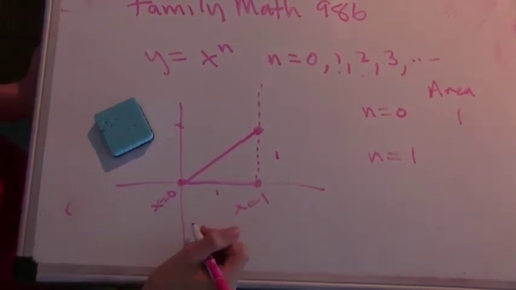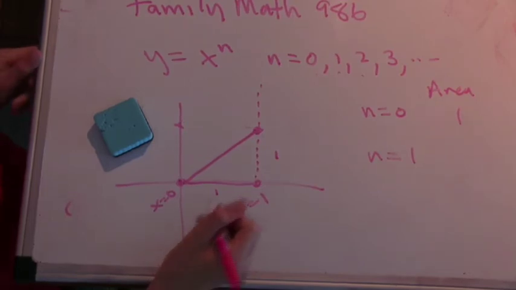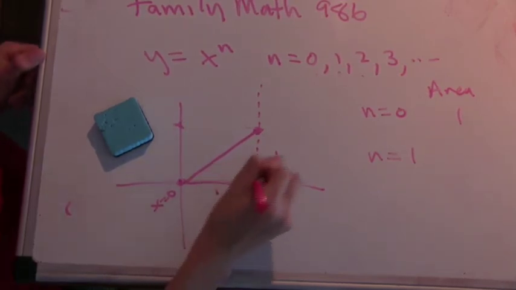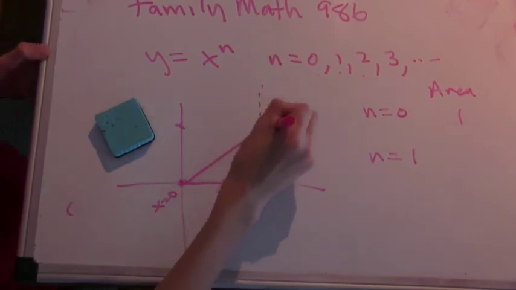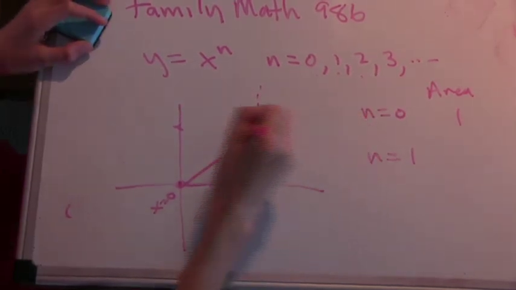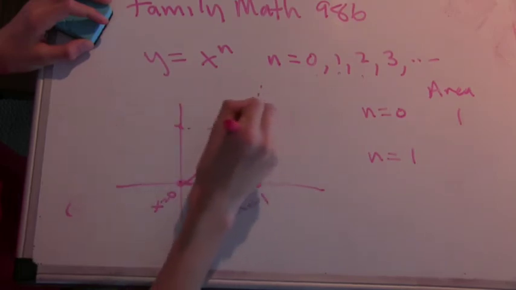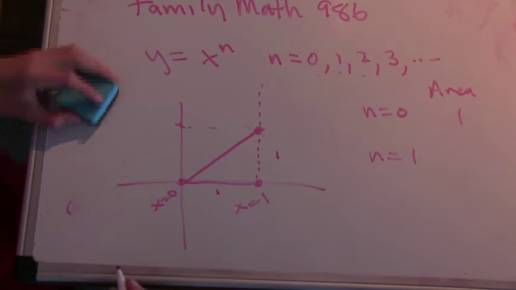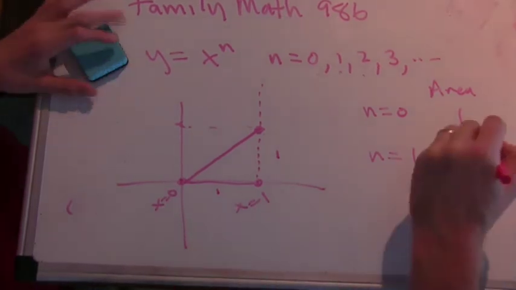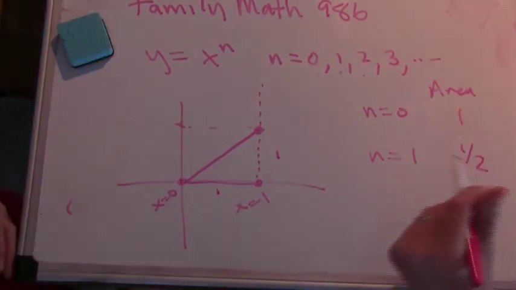Well, this is just a right triangle, so this is the base and this is the height. Also, our previous line was up here, and this is half of that because you're going straight through the middle. So when n equals 1, the area is a half.